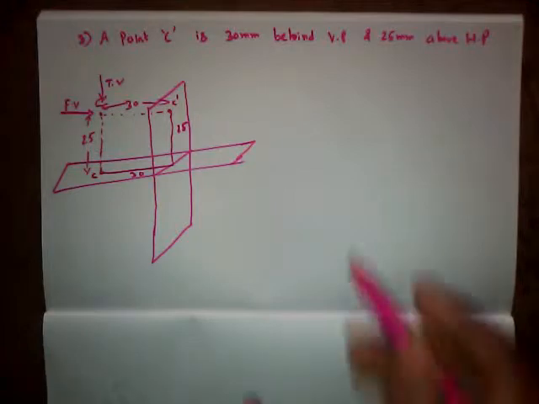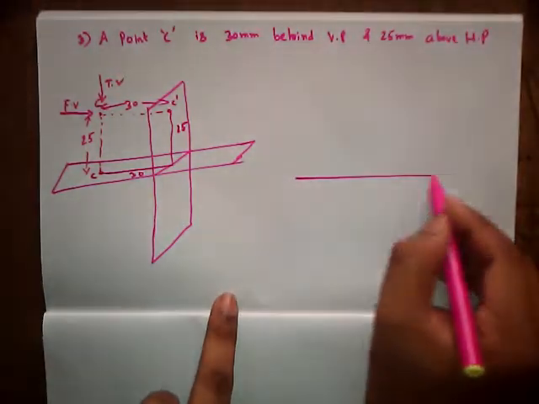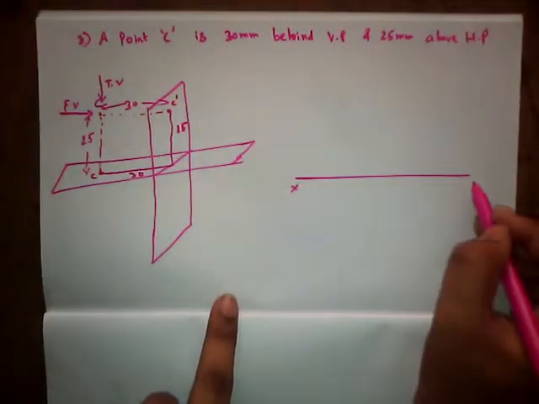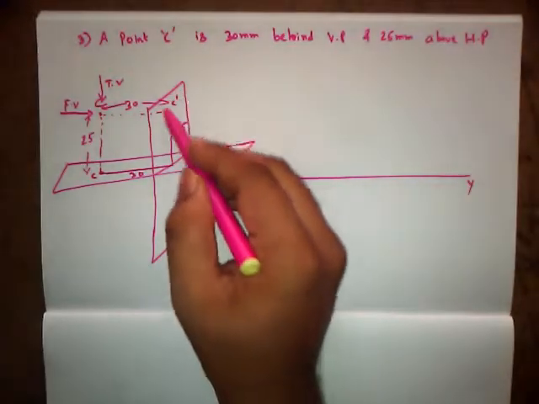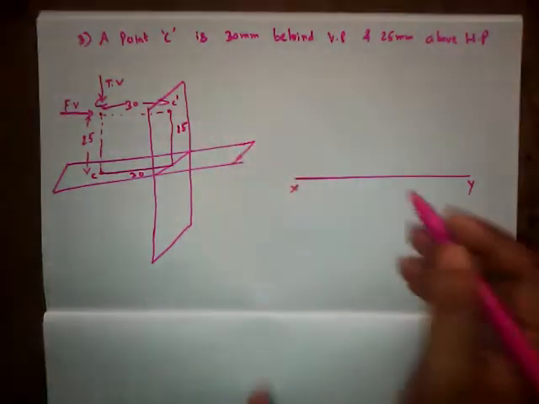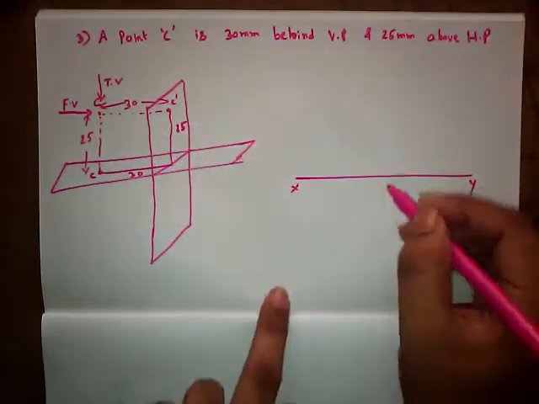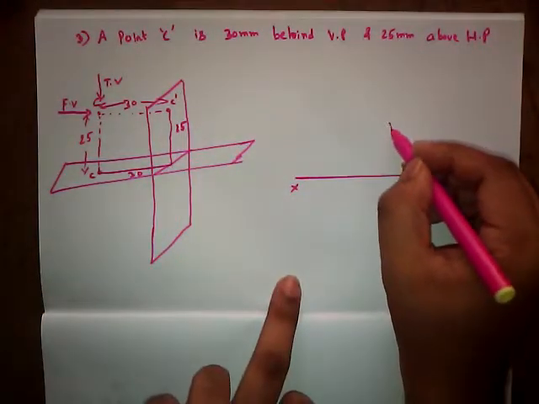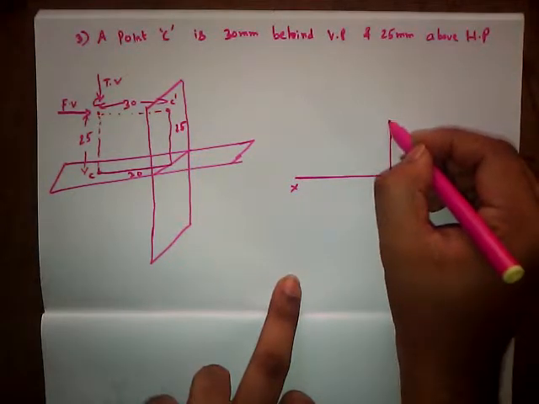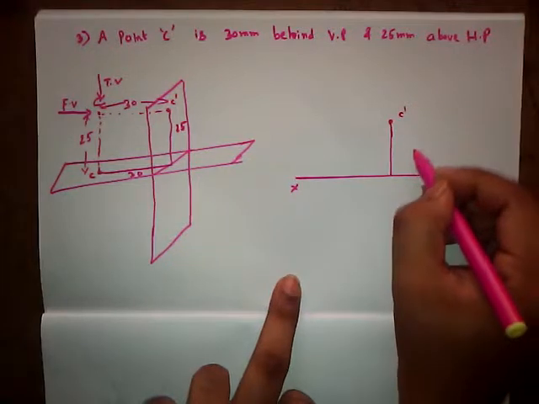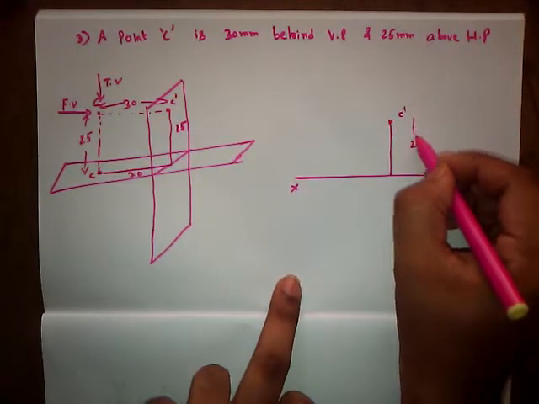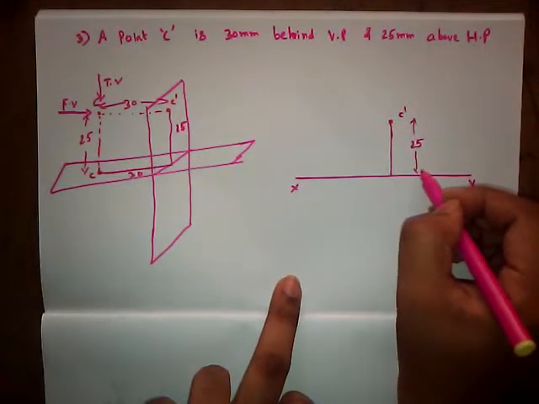Right, so let us draw a horizontal line, the XY reference line. On the vertical plane we have C dash, the point which is at a distance of 25 mm from the XY reference line. So this is going to be C dash, the distance is 25 mm.